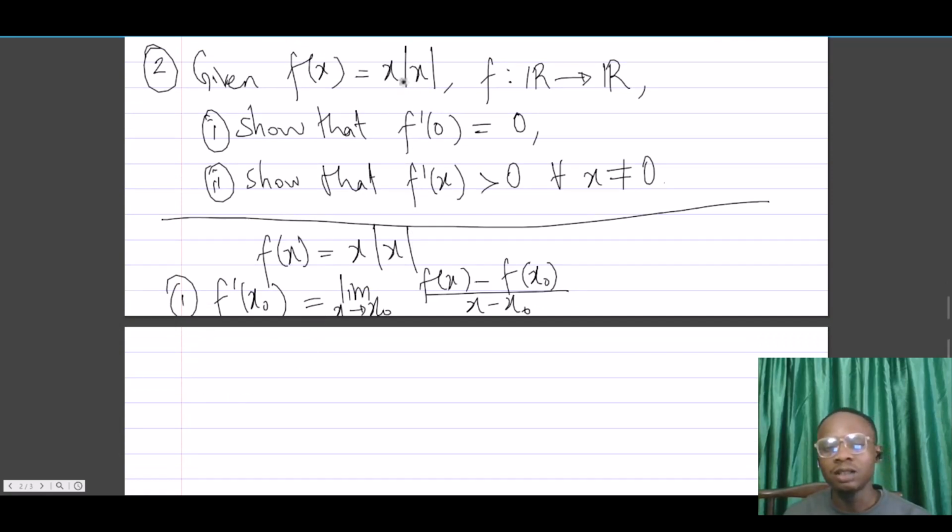This is our function as we have written out already, and our x naught, the point that we want to establish differentiability at, is 0. So we should now find out what f prime of 0 is.